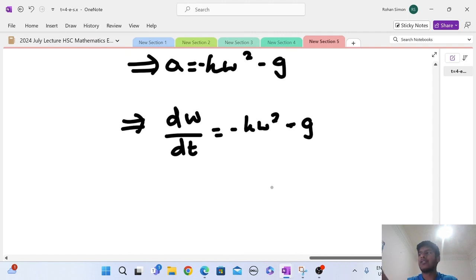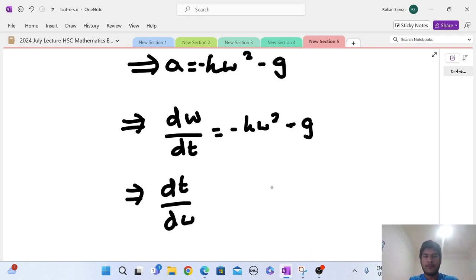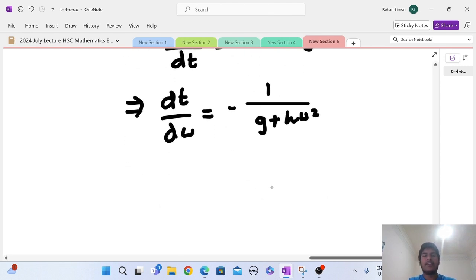So let's go ahead and integrate this. Let's take the reciprocal, dt on dw equals minus 1 on g plus kw squared. We can then integrate.